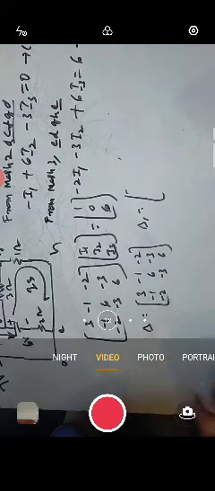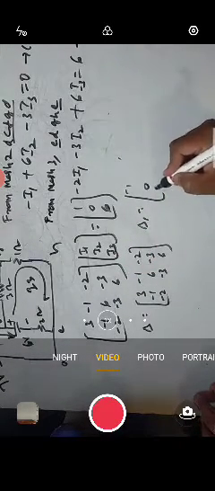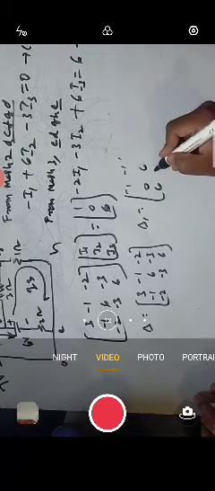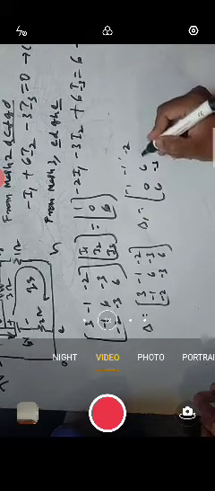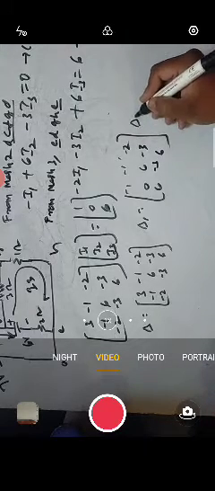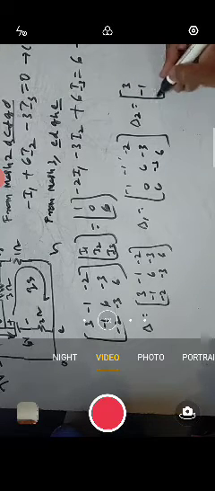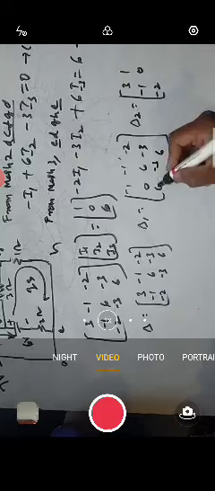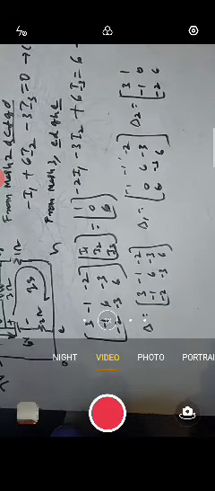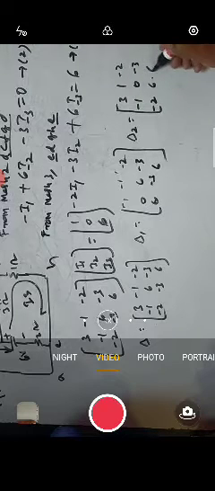If replaced in column 1, that will be delta 1. If it is replaced in column 2, that will be delta 2. And if it is replaced in column 3, that will be delta 3. So 1, 0, 6, this is minus 1, 6, minus 3, minus 2, minus 3, 6. This is delta 1. Similarly, delta 2: 3, minus 1, minus 2, with 1, 0, 6 in column 2, then minus 2, minus 3 and 6 as it is.